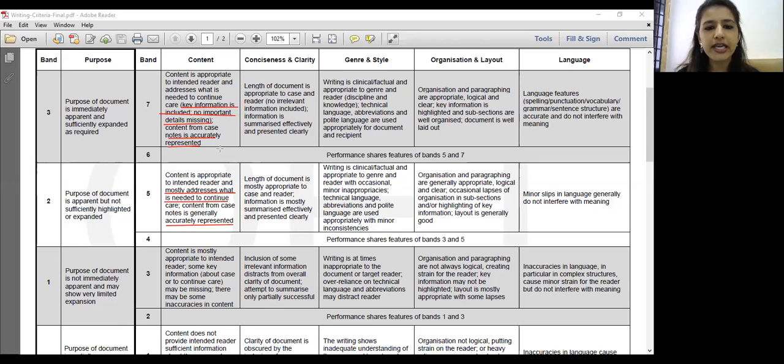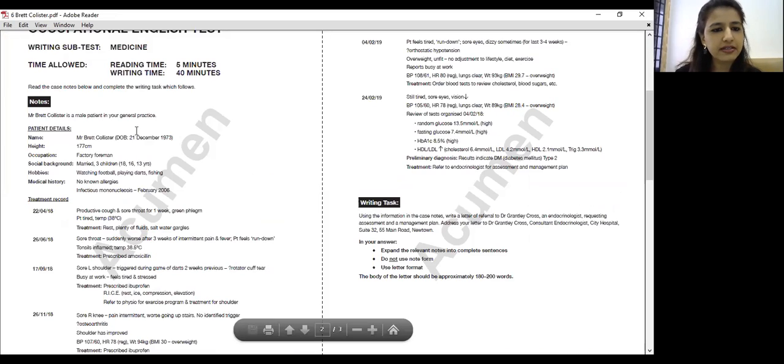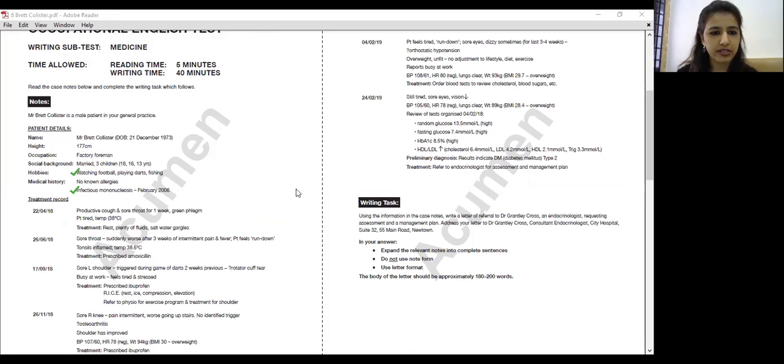So there will be 3 kinds of information: one which you must include, 2 which you must exclude, and there will be some piece of information, 1 or 2 points in each case notes, where you may include it or you may not include it. It is not going to have a major impact on your overall score. So I would consider this infectious mononucleosis and a factory foreman, that kind of information where it's not going to have major impact, but sedentary lifestyle is a must.